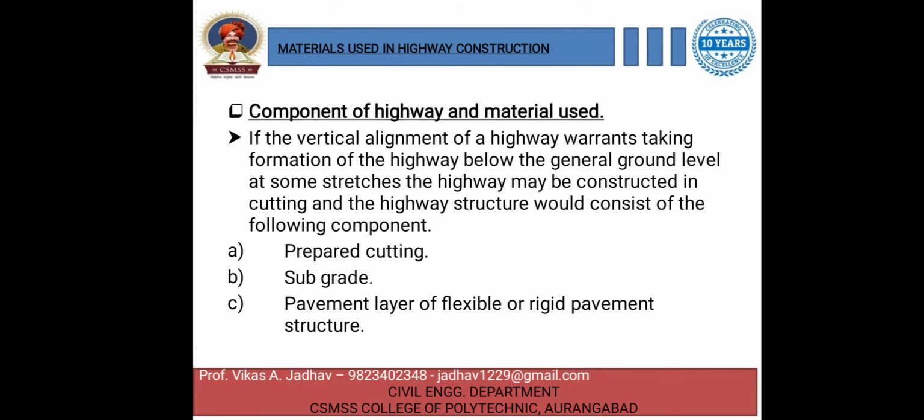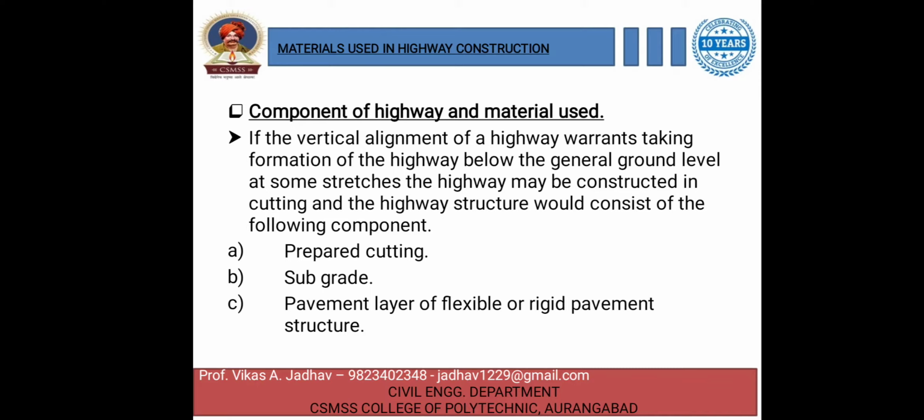Then in cutting, if the vertical alignment of a highway warrants taking the formation of the highway below the general ground level, if the formation level is below the general ground level at some areas, then the highway may be constructed in cutting. What will we have to do when the formation level is below the ground level?